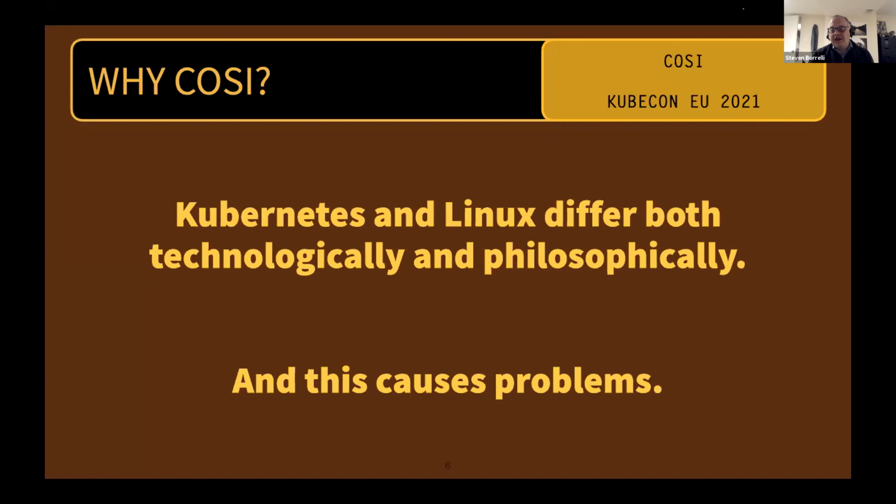I mentioned CSI and CNI and some other things like that, but provisioning from Kubernetes doesn't really handle provisioning of the nodes and configuring them. So that's kind of out of band for Kubernetes, but also every time it has to reach down into the node and ask for work to be done, it's not really built into Kubernetes right now.